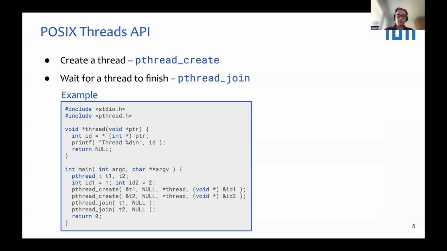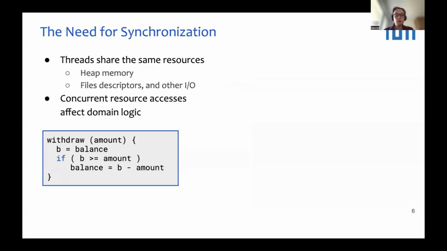We call pthread_create to create these two threads running independently, each with their own ID, ID1 and ID2. Then, crucially, in the main thread, we wait for both of these threads to complete their execution. If we do not do pthread_join here, then the main thread may already terminate before waiting for these two created threads to complete.